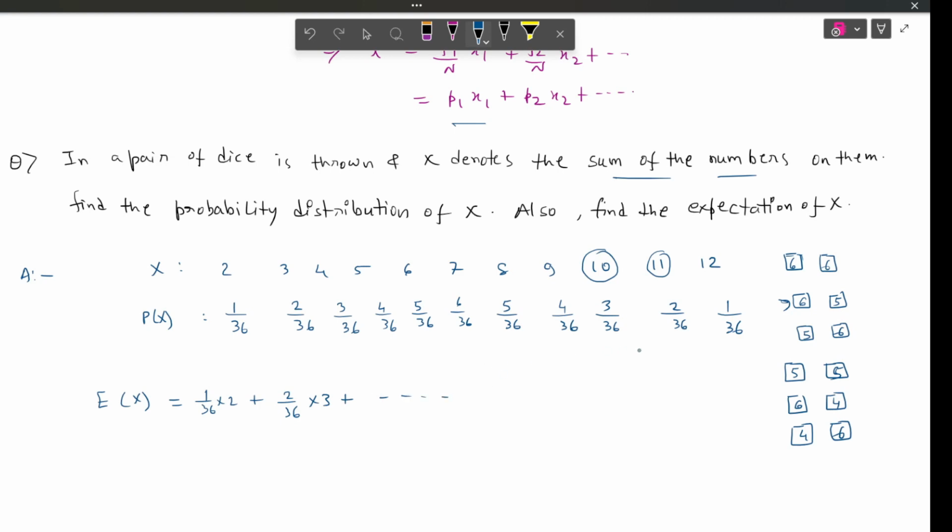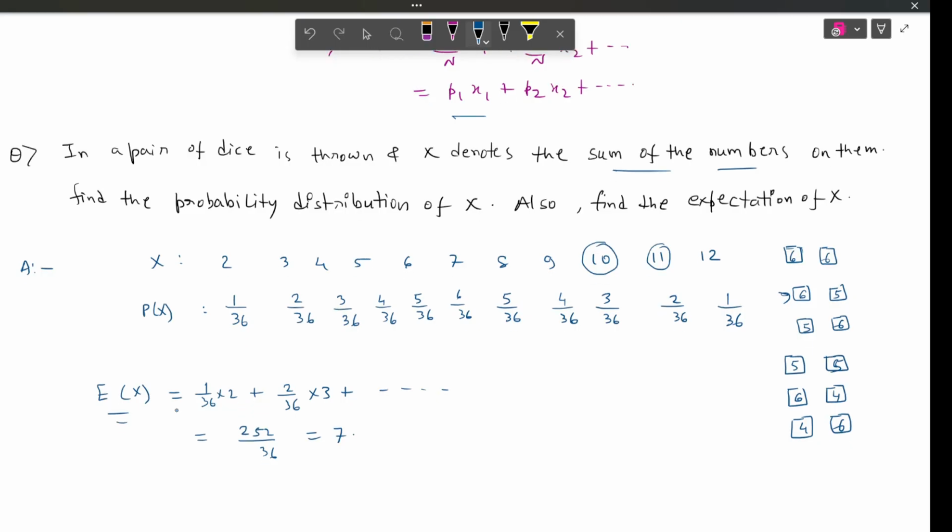In this manner you have to write all these values and you will get this value as 252 by 36. Please calculate. It will be 7. So this is the mean, or you can say expectation.